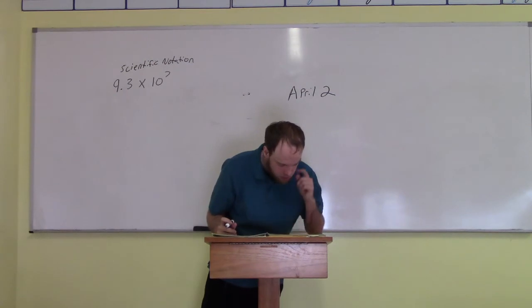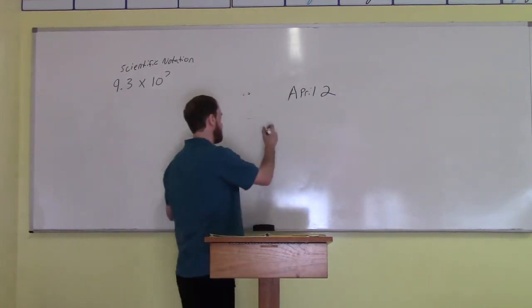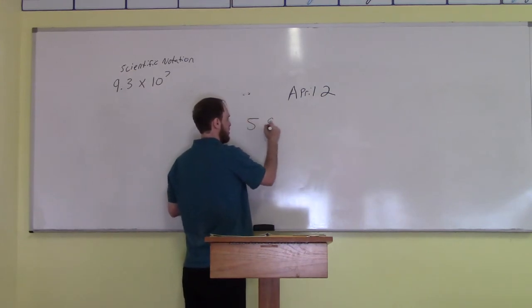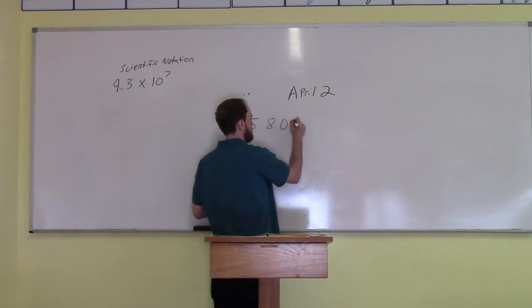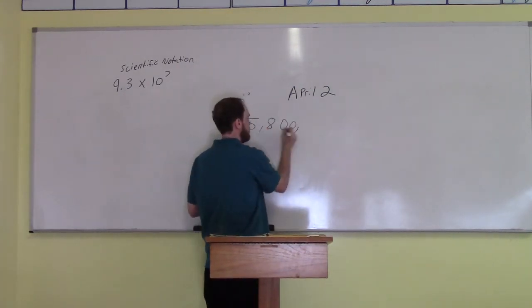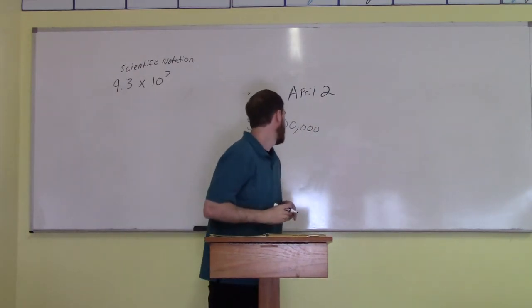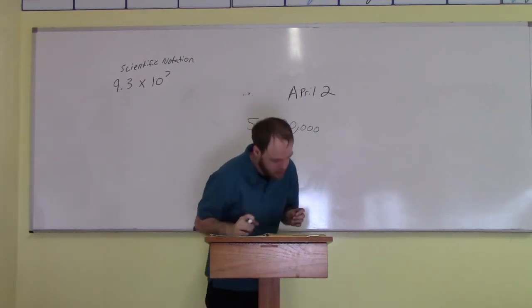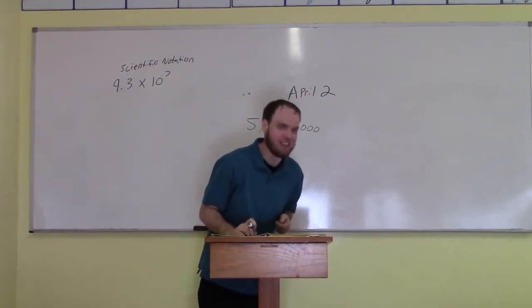Okay, if you look at the next set of problems, like number 7, 5, 8. They give us 5,800,000, and for number 7, they want this written in scientific notation.